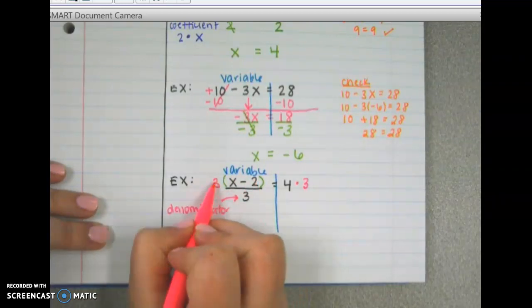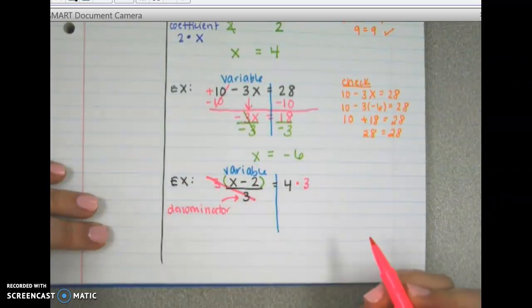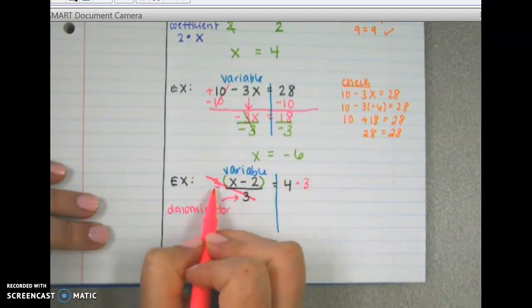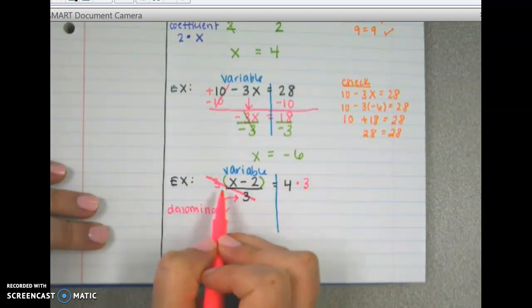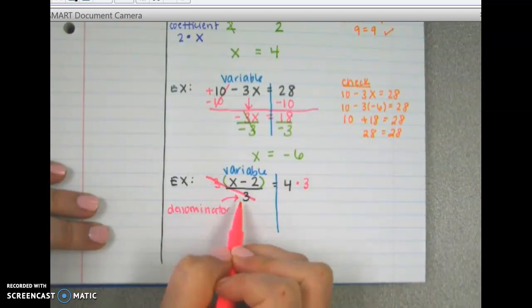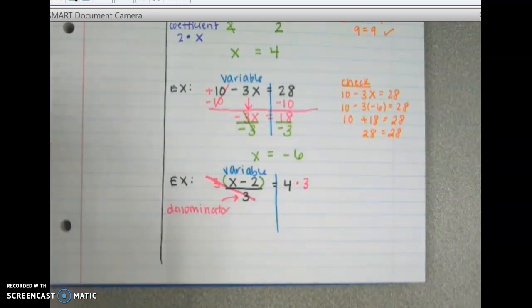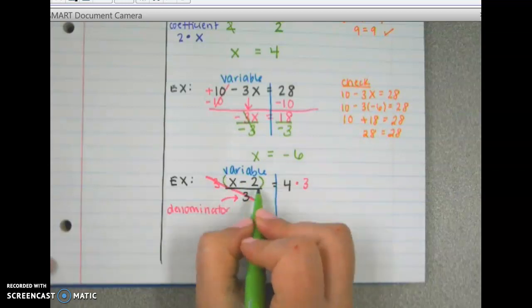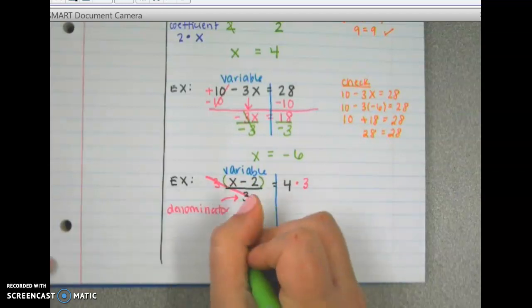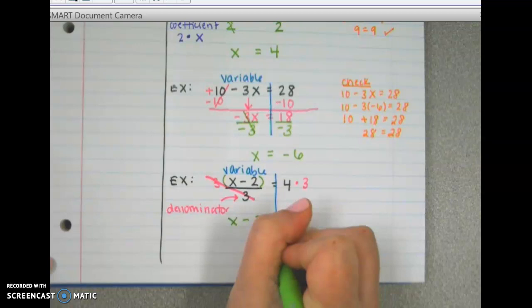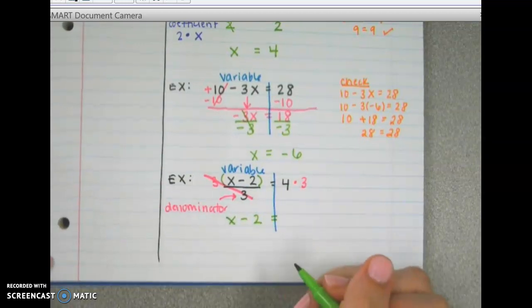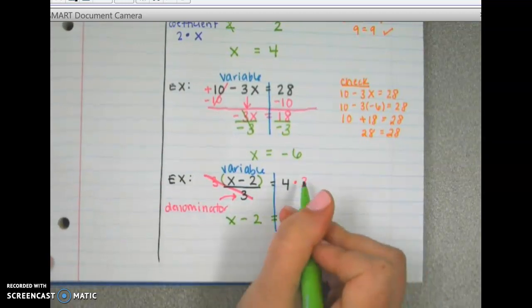This 3 is here to cancel out that 3, because this means 3 divided by 3, which is 1, so it cancels out. So you're not just going to be dropping down x, you're going to be dropping down this whole thing. That entire x minus 2 drops down, all of it. And then you still have to work out this side.